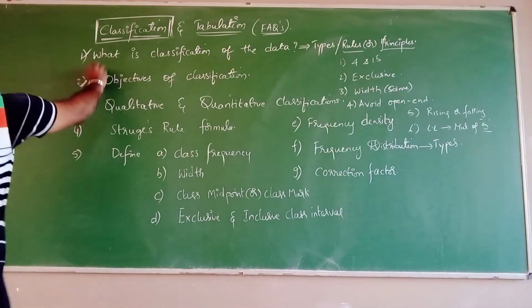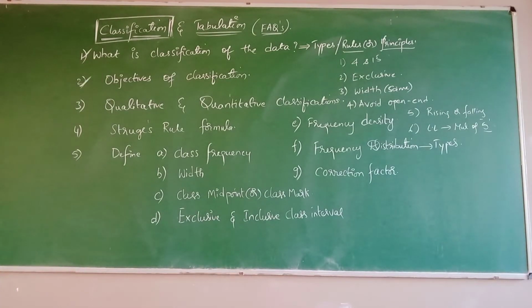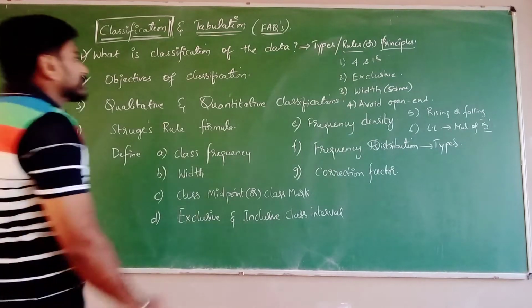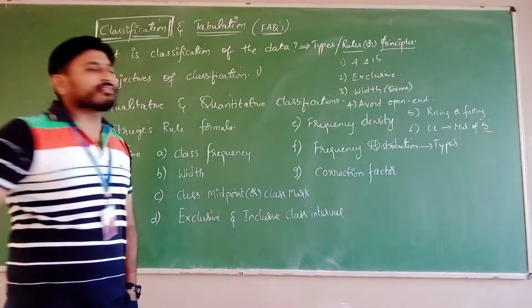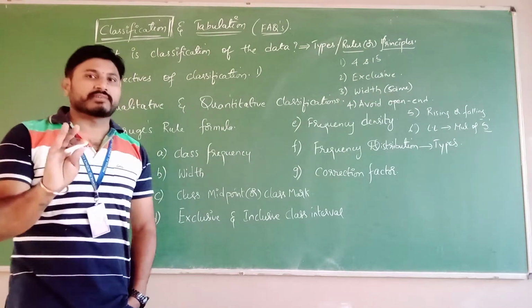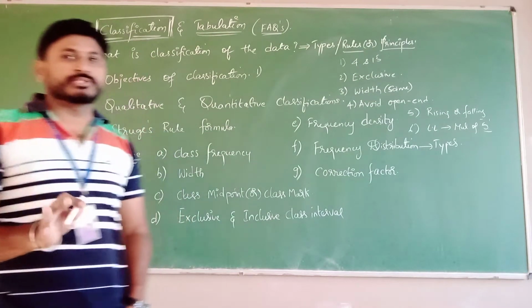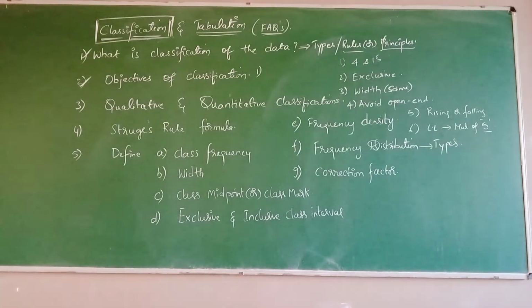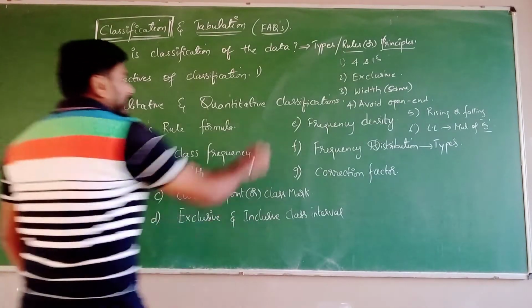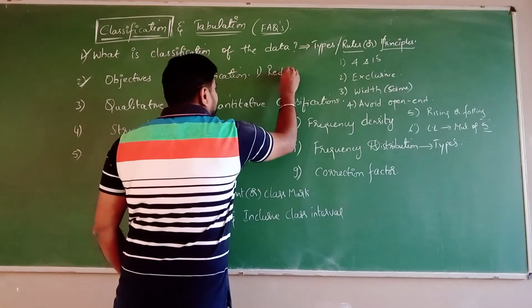Next, question number 2. Look at the objectives. Objectives of classification will definitely be asked as either a 1 mark or 2 mark question. First one is to reduce the size of the data.